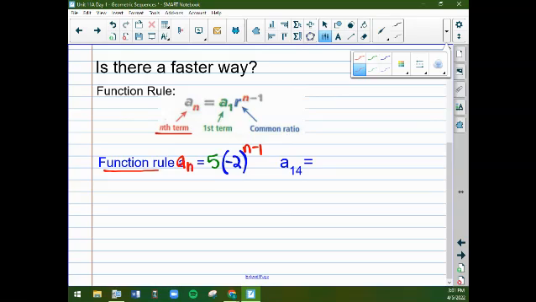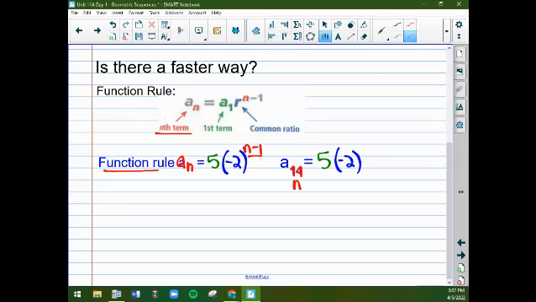All right, so that's what I'm going to do with this next one. Okay, I've got a sub 14, okay, where 14 is my n. So I take my formula, so I've got 5 times -2, and then in the exponent, I've got n minus 1.